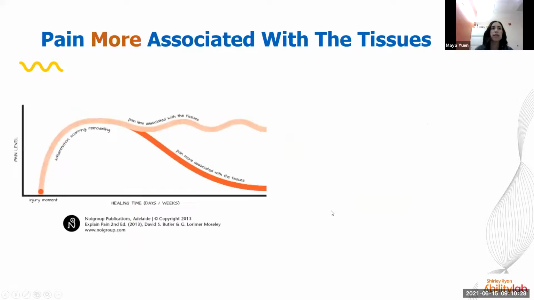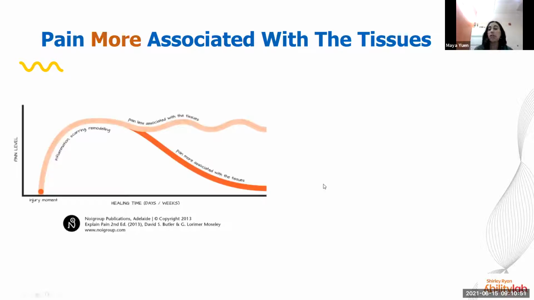We'll go into this a little bit more. So when you have pain that's more associated with the tissues, you're going to see very predictable stuff. Of course, there are other factors that may affect recovery, such as overall health, like diabetes or smoking, which can delay healing. But in general, the process is pretty predictable and consistent.